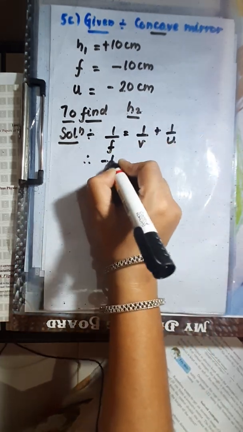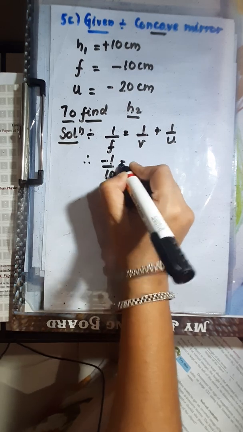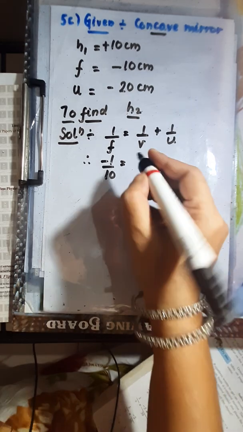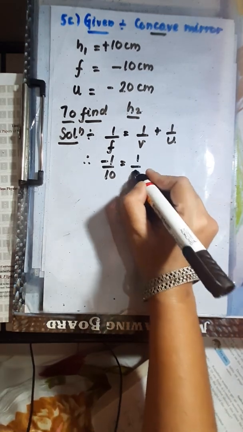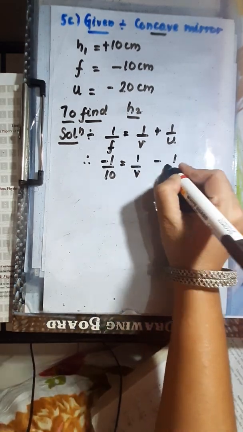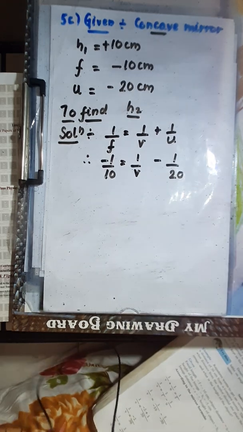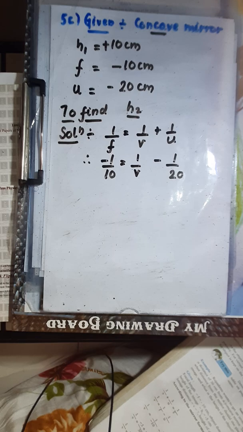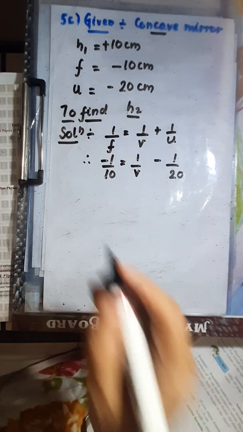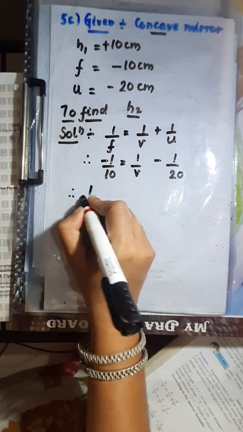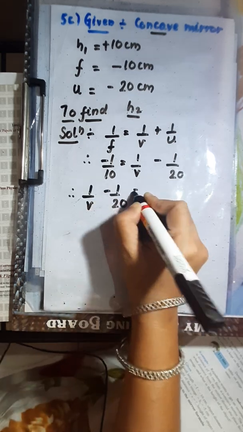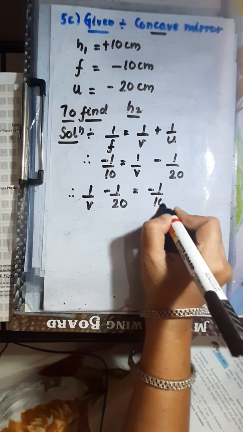Therefore minus 1 upon 10 is equal to, what is V? 1 upon V, minus 1 upon 20. Now therefore 1 upon V minus 1 upon 20 is equal to minus 1 upon 10.